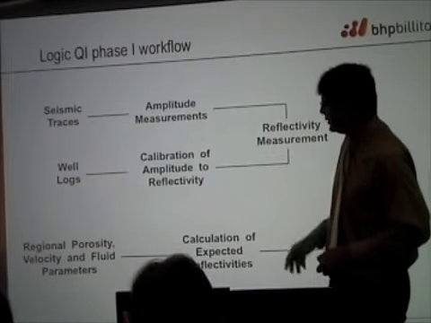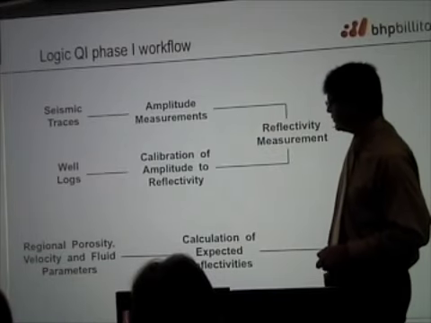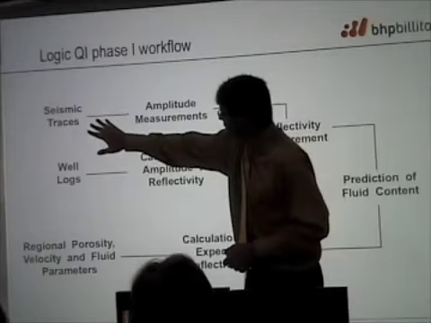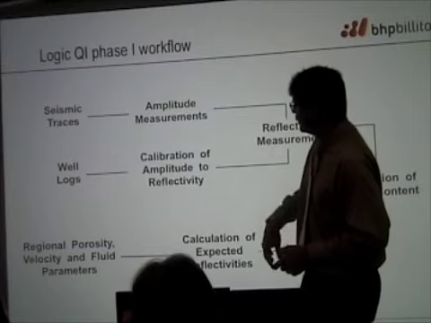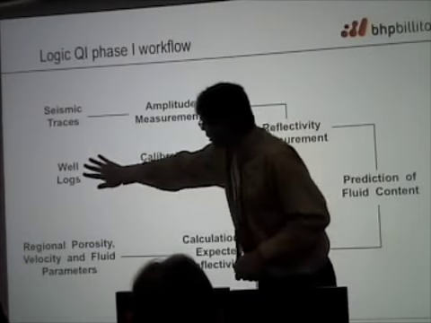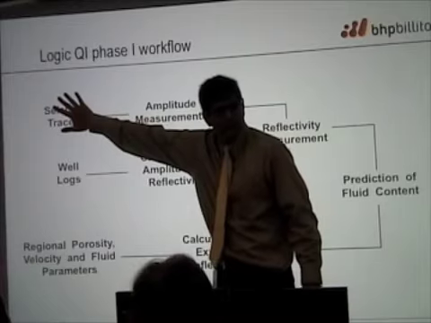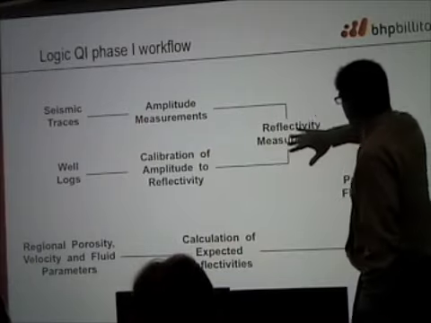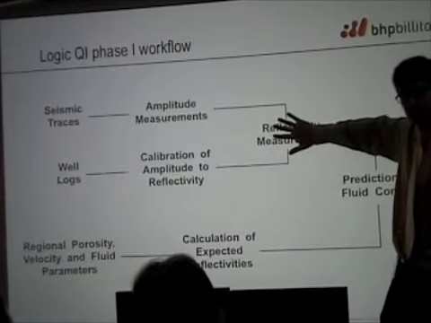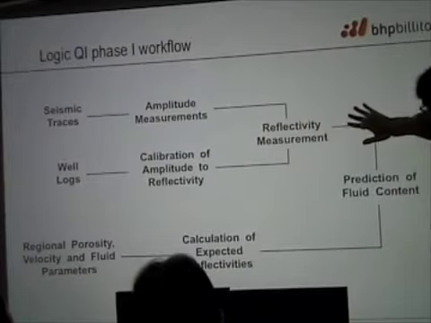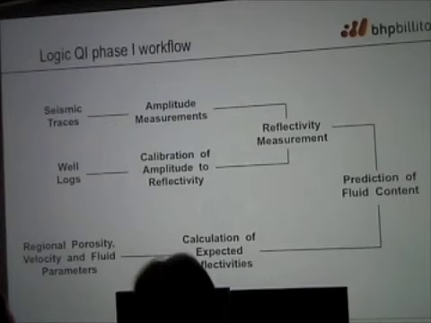At the same time, we look at what the response is. We take the seismic and make particular amplitude measurements off of that. We make sure that we use the well logs to calibrate the seismic. And then we compare the expectation to the measurement. And from that, we can make a prediction of what should be there.